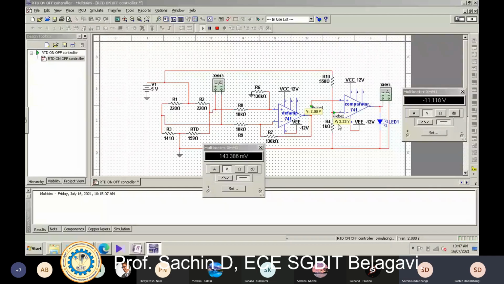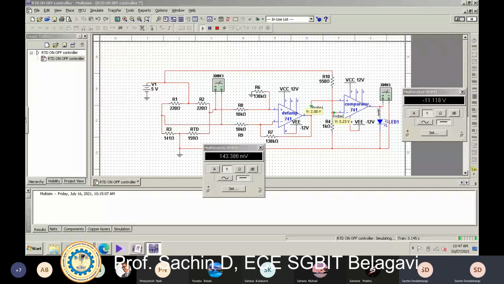So we'll get negative value. So input to this comparator is negative, which means output will be negative, minus V saturation or minus V sat. Or you can take minus VCC.